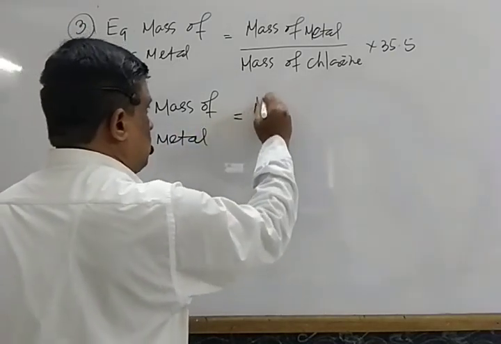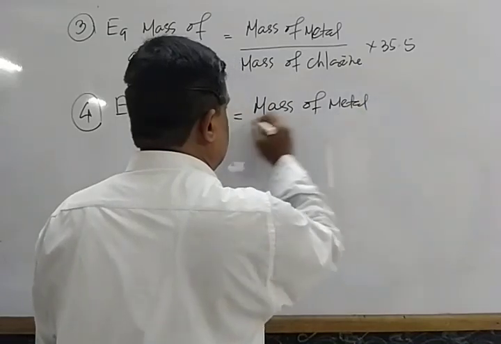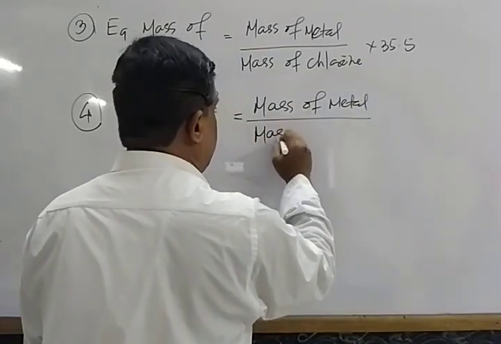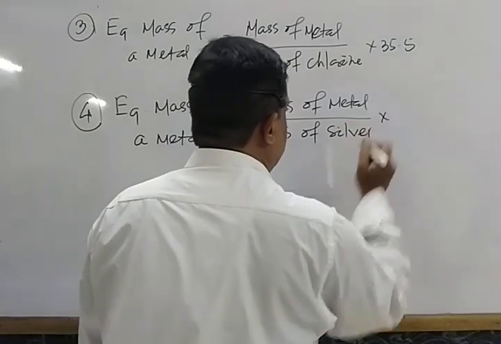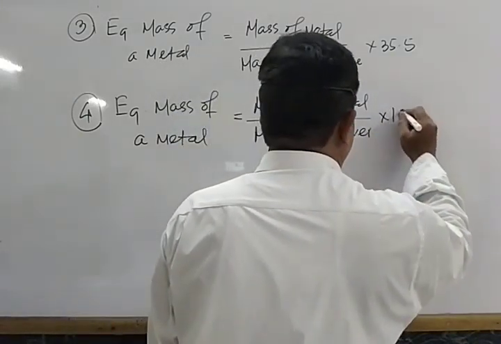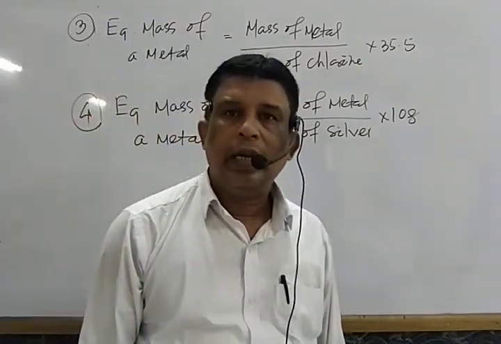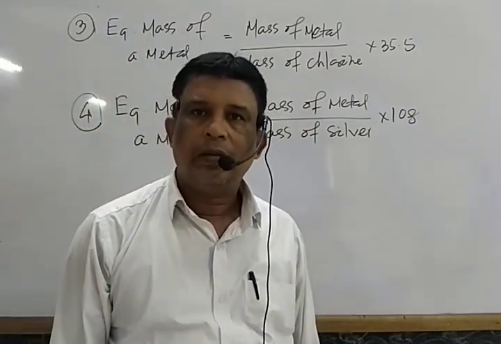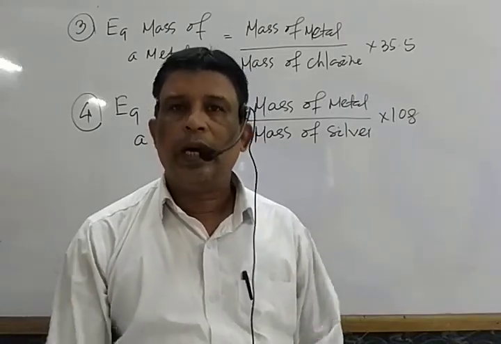Another method is also there, that is silver method: equivalent mass of a metal is equal to mass of metal divided by mass of silver into 108. These are some methods for calculating equivalent mass of metal. Another is the double displacement method, when two metals combine.